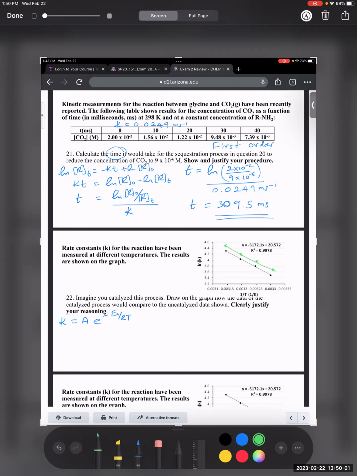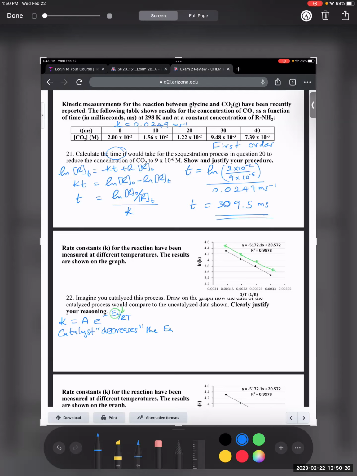So the value of activation energy is going to go down for the catalyzed process. Let's write that. Catalyst decreases the activation energy.